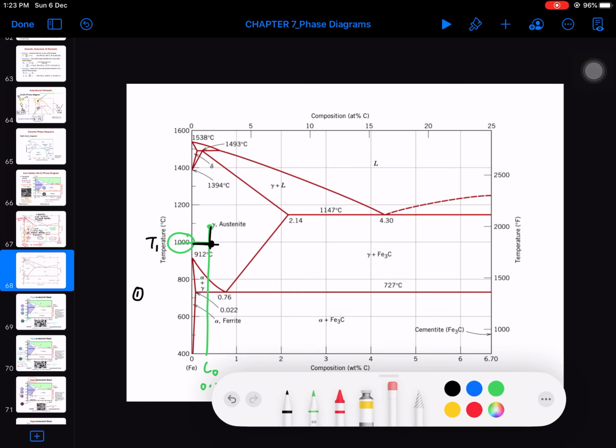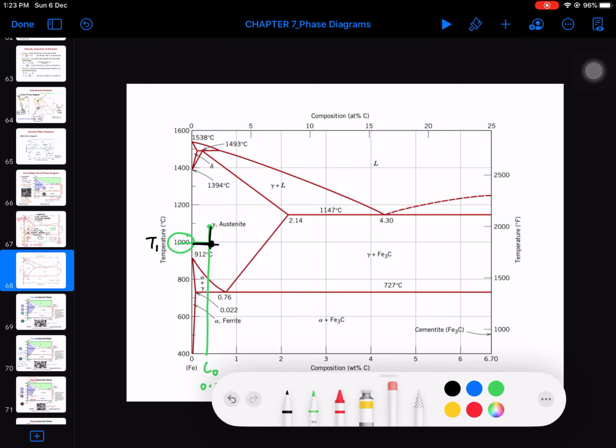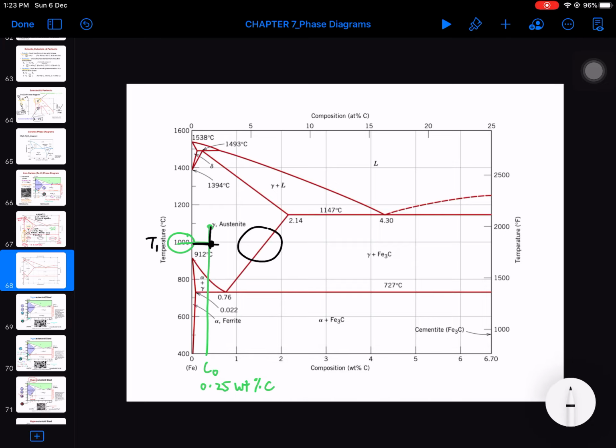So we know it's all austenite. If we want to draw the resultant microstructure, this is how it looks. We have a few grains here made of austenite, so it's all austenite here.